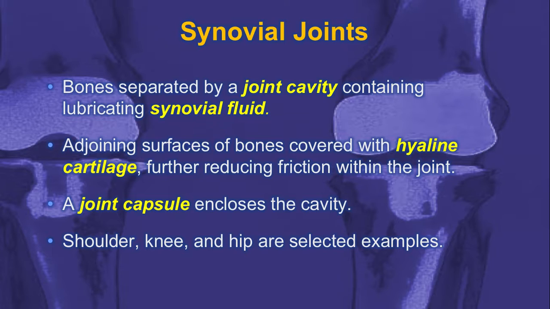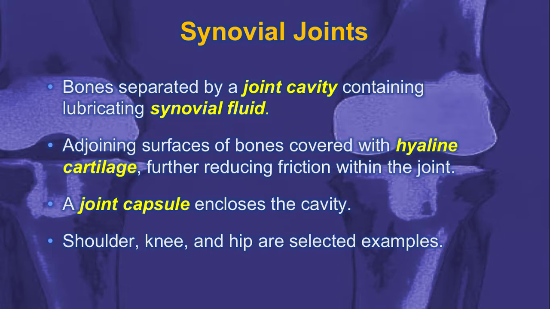But these synovial joints are examples, are shoulders, knees, hips. So what type of functional category do you think they fit into? Syn, di, or amphi? Diarthrotic, right. So they're freely movable. So synovial joints are diarthrotic. Okay?